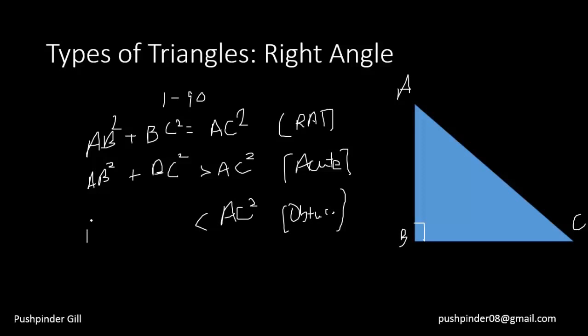So actually the right angle triangle strikes a right balance between the two small sides and the greater side. So this is all about these three different types of triangles when we measure them in terms of their sides or their angles.